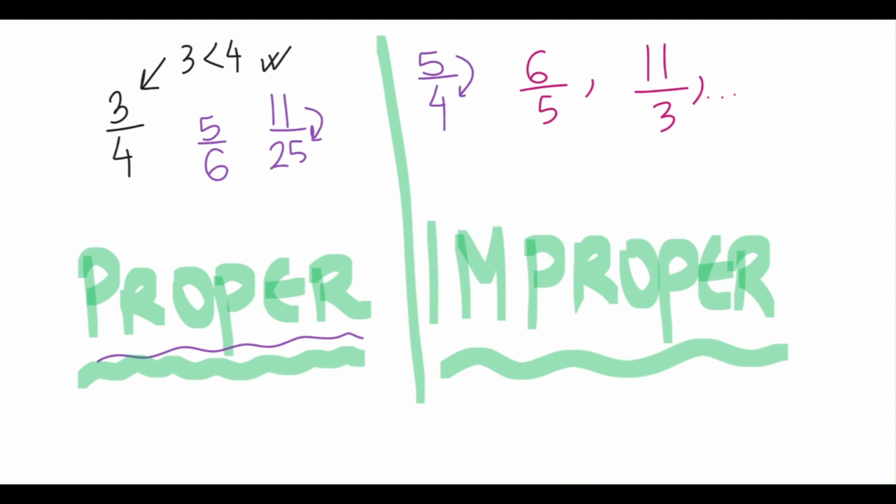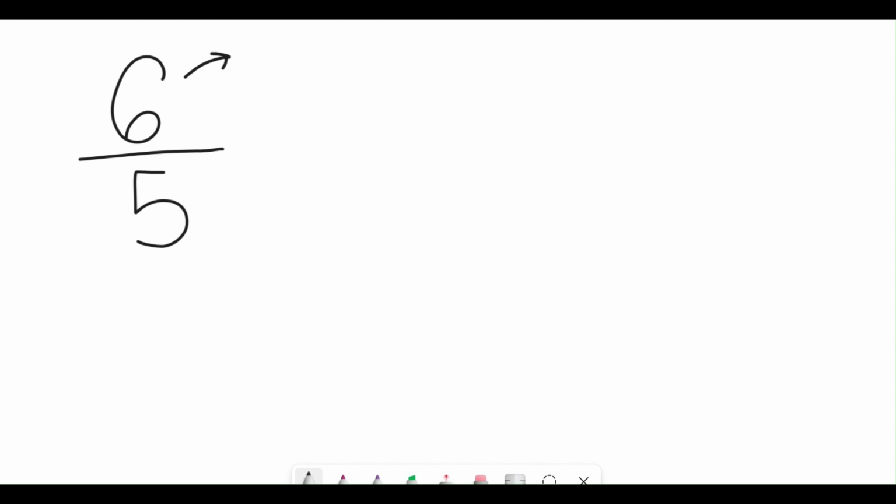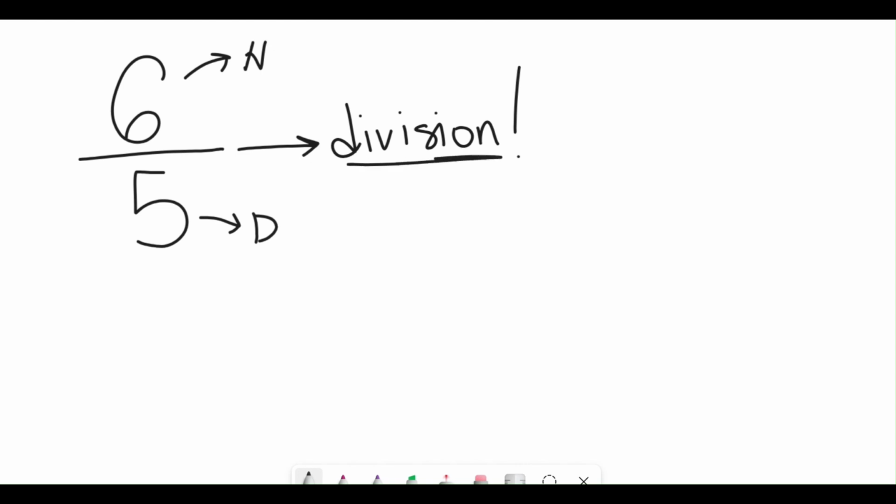All right. Another very important thing is the line in the middle. So when we say, for example, 6 over 5, we said this one is the numerator, this one is the denominator, but the line in the middle is called the fraction line, and it represents division.